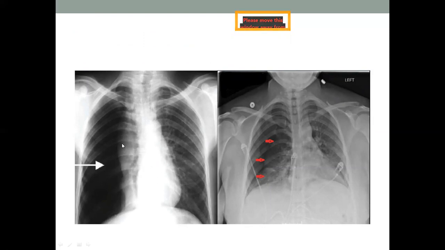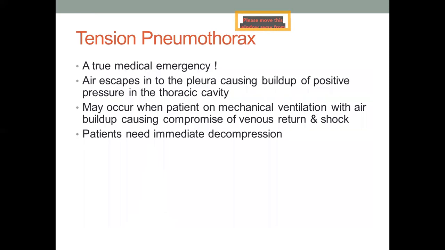So this is the lung, and on this side there are lung markings. Here again, this is a right-sided pneumothorax, in which this is the lung border, this is the collapsed lung, and these are the hyperlucencies, in all upper, middle, and lower zones with absent lung markings, suggestive of right-sided pneumothorax.